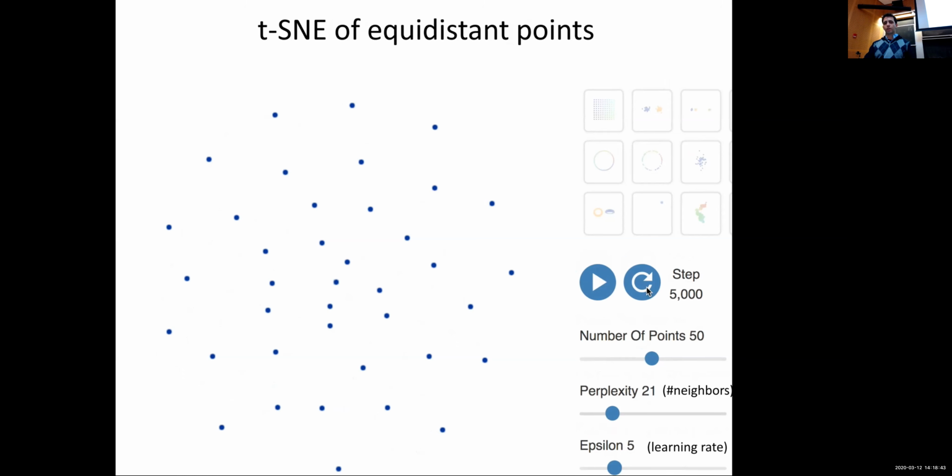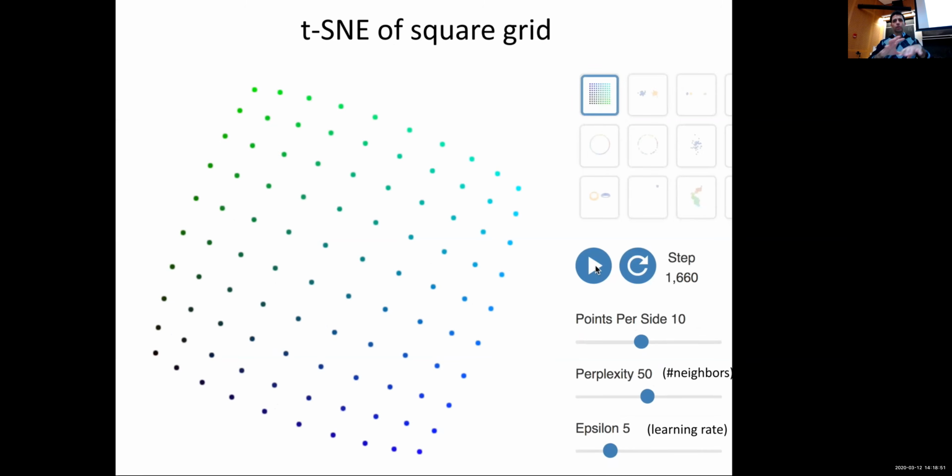Anyway, you can try this at home. It basically shows you that you can capture that proximity quite well.